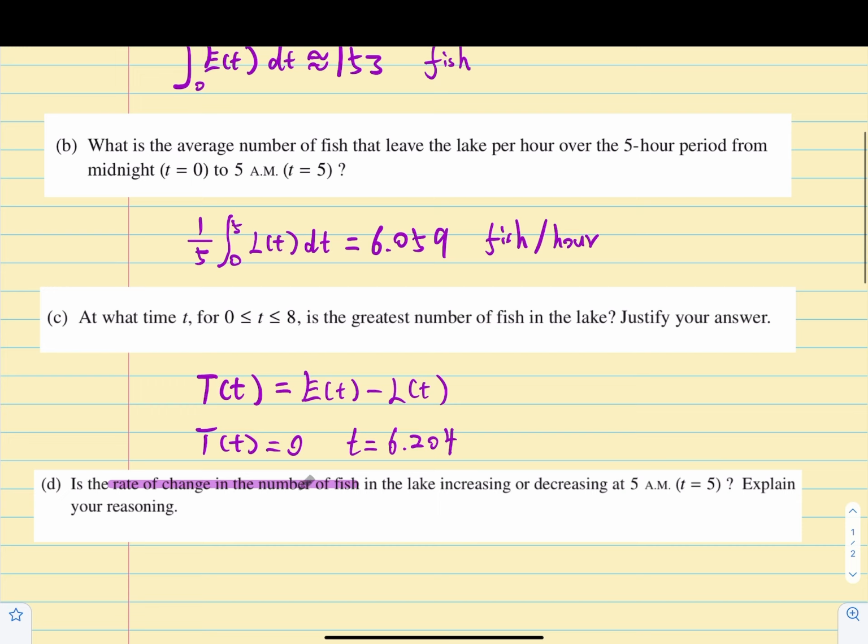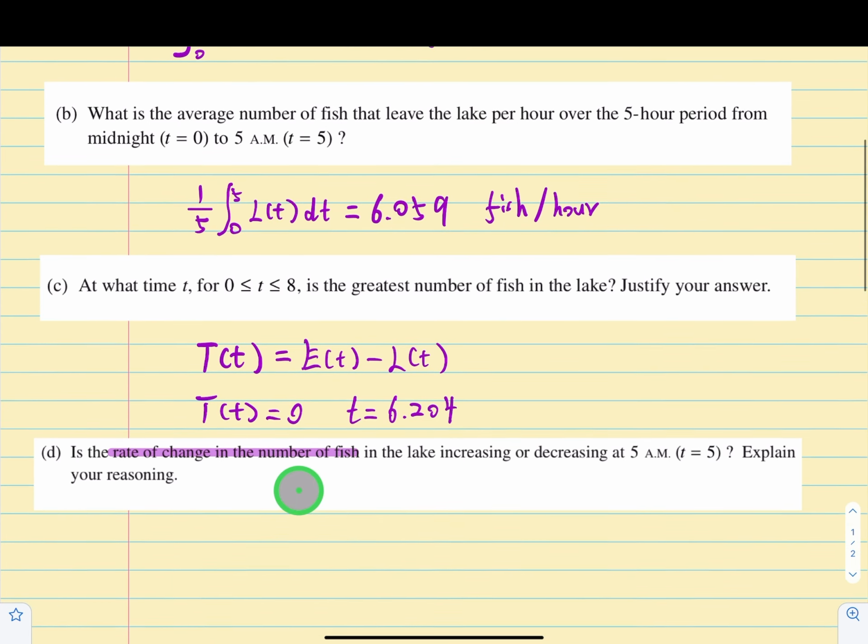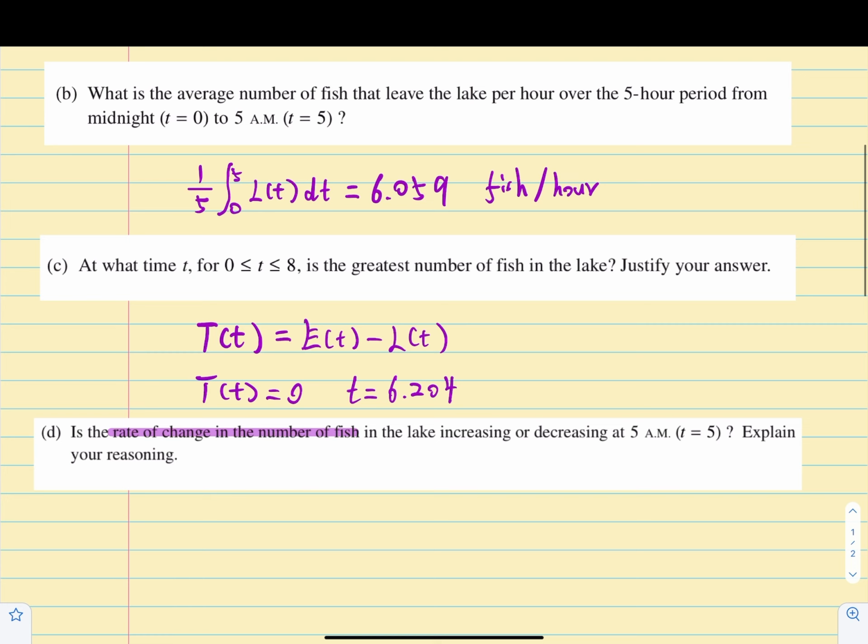So this one needs to be the rate of change of the fish per hour. In here we need to write the derivative of the entering function E(t) minus the derivative of the leaving function L(t).